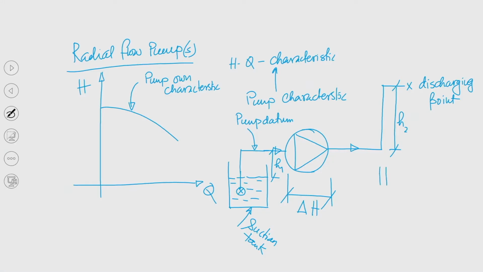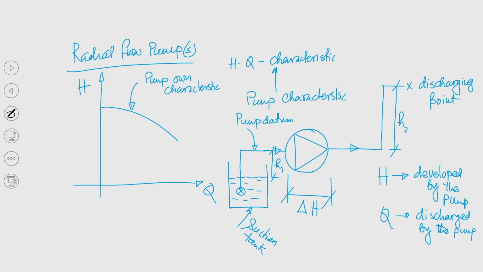First of all, the head that will be developed by the pump, and Q, the discharge by the pump.